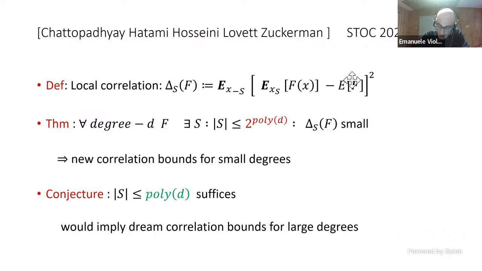They defined a notion of local correlation.